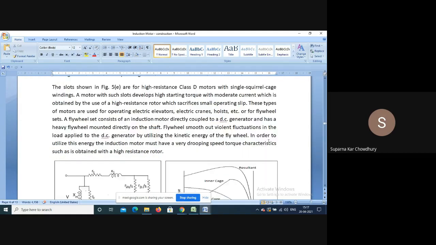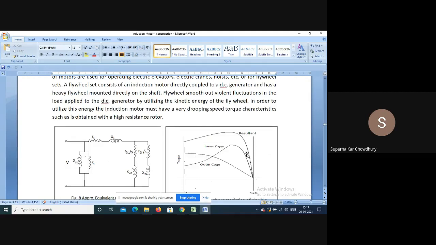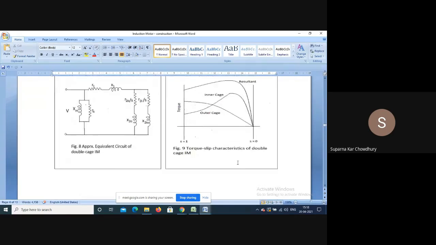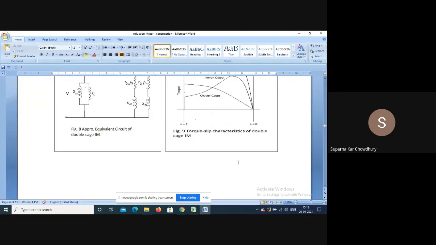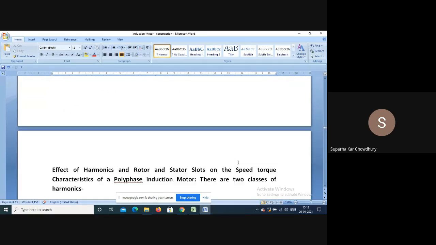Because if we compare the characteristic, for higher resistance, the characteristic will shift like this. So if the resistance is high, the running slip will be higher, and the motor will run at a lower speed.